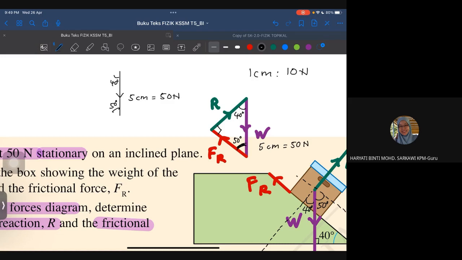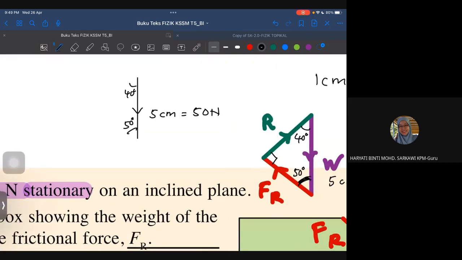After you measure the angle, you draw this. It's okay to draw it longer. Then you draw this with the correct angle. It's okay to draw it longer. Now we know this is R, this is FR.